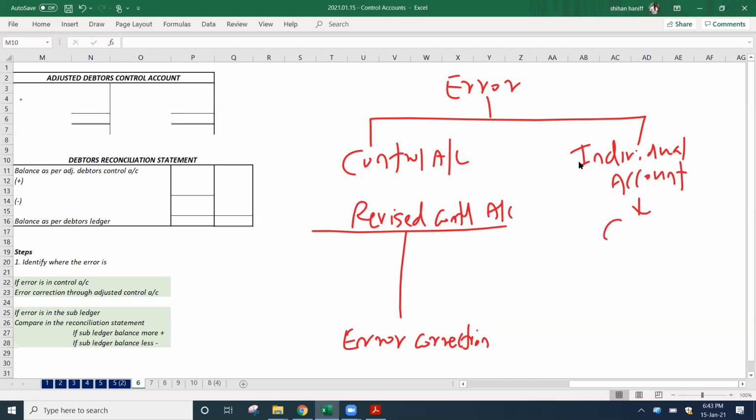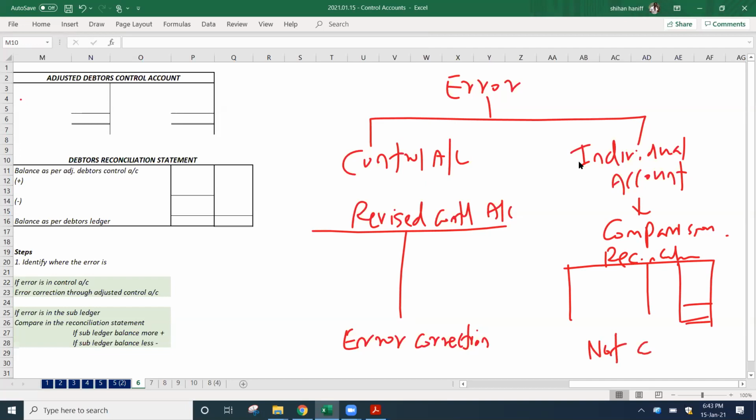If the error is from the individual account, you can't correct it. You have to compare. So how do you compare? Using the reconciliation. This is not correction, it's just a comparison.